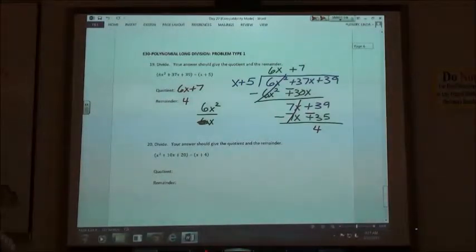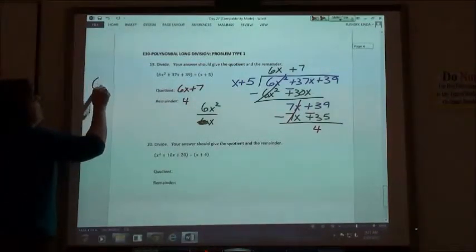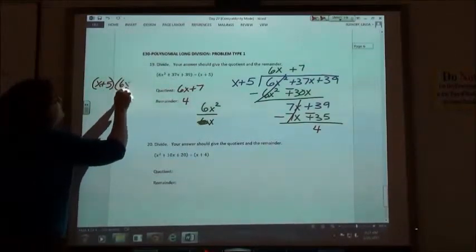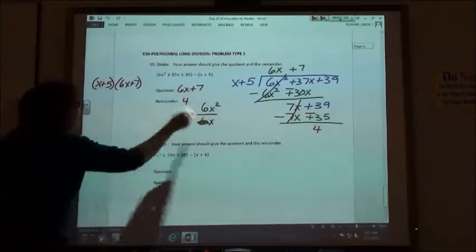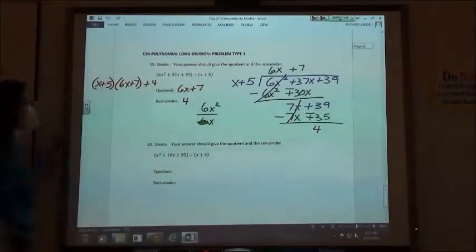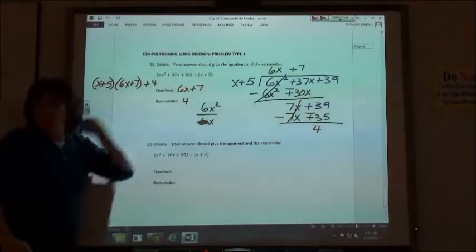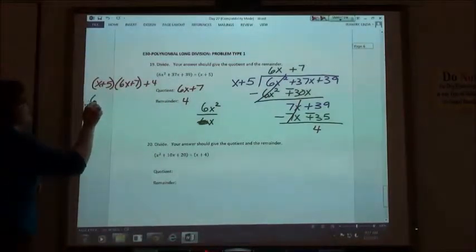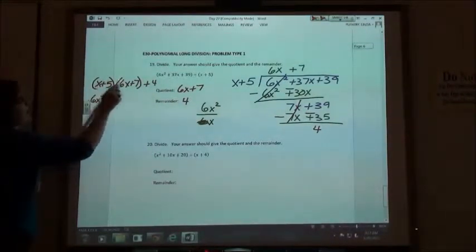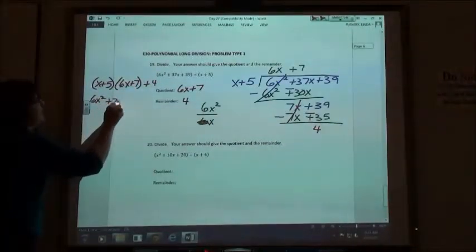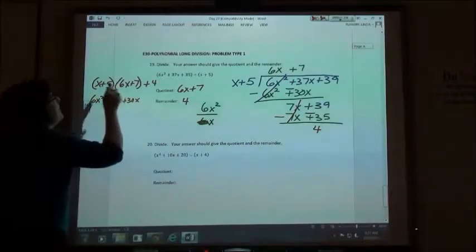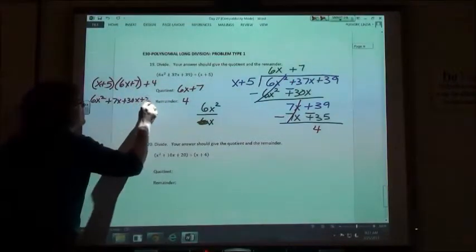Now if I wanted to check that answer, what I would do is take my divisor of x plus 5 times my quotient of 6x plus 7 and add my remainder of 4 to see if I get what I started with. So x times 6x is 6x squared. x times 7 is 7x. 5 times 6x is 30x. 5 times 7 is 35.